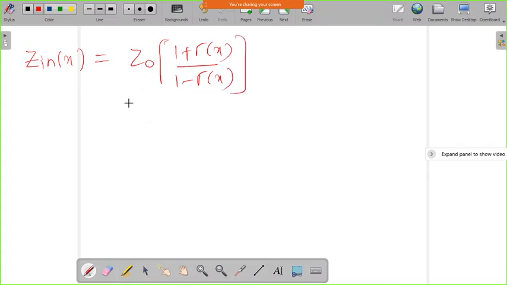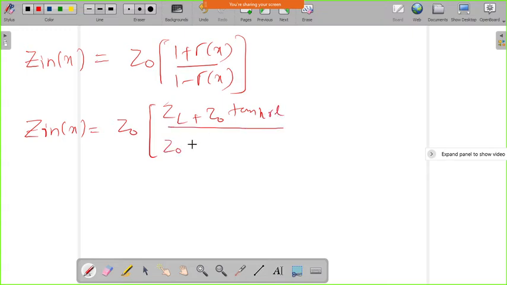So now for the lossless transmission line, we have another equation, Z in of x, which is equal to Z naught into (ZL plus Z naught tanh gamma l), divided by (Z naught plus ZL tanh gamma l). Now for this lossless transmission line, gamma equals alpha plus j beta, so alpha becomes 0.